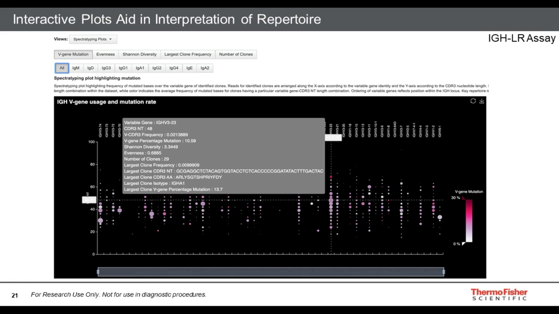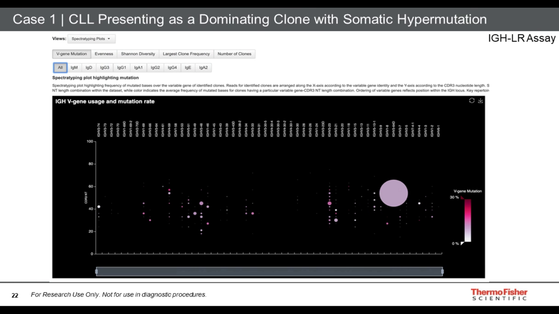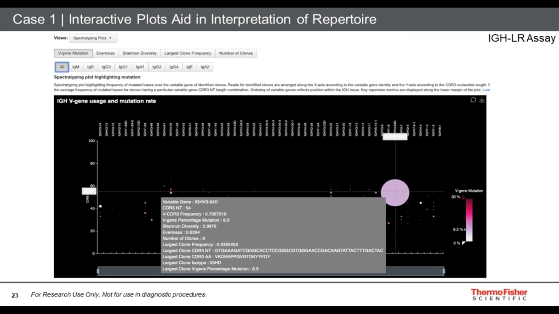But now let's take a look at an individual with CLL. So here it's quite obvious the difference from the previous sample. One can observe a dominating clone that dwarfs the size of the other clones, the other parts of this plot. And you can note by the coloring that this clone likely has a level of somatic hypermutation greater than 0. And by hovering over it, we can bring up additional information.